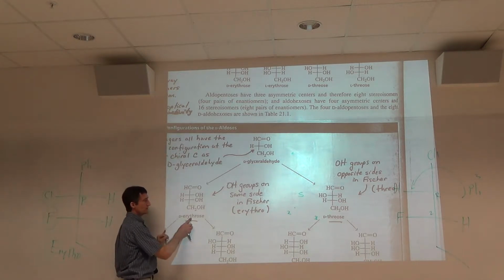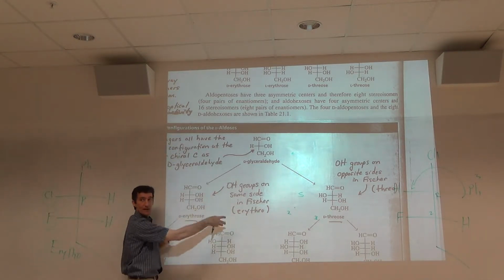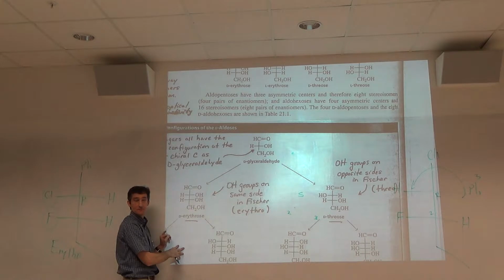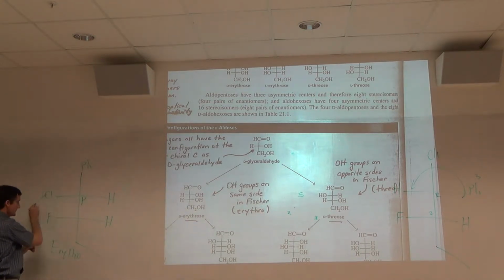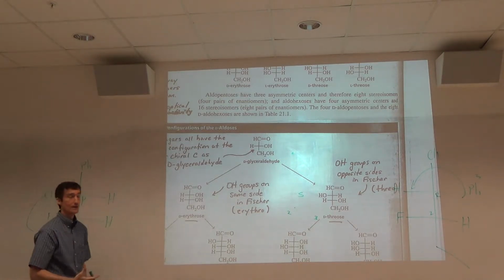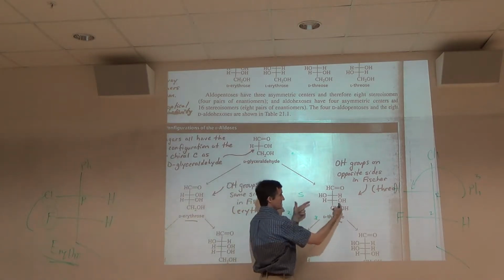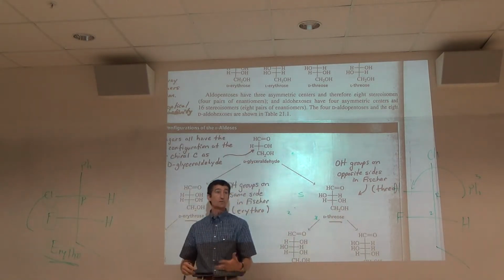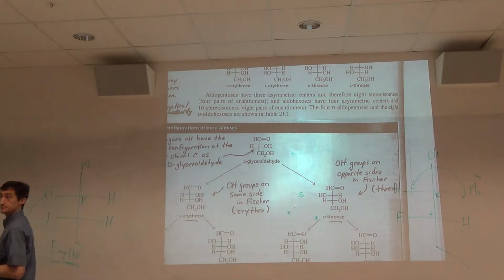In erythrose, the two OHs are on the same side. Because of that, other compounds where the main groups are on the same side are called erythro. It's analogous to erythrose. Threose has the two OHs on the opposite side. So that's where the erythro and threo come from. Those two sugars are diastereomers.